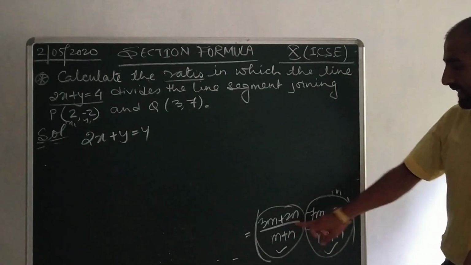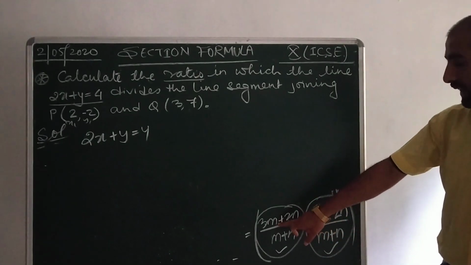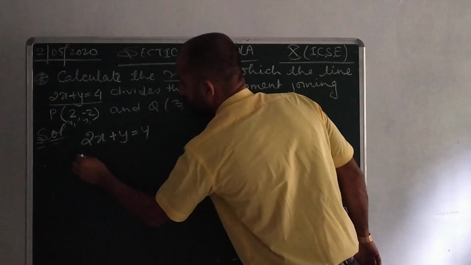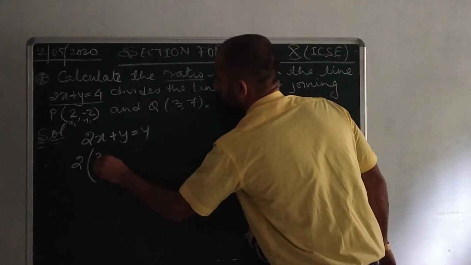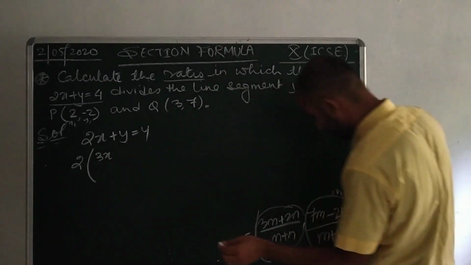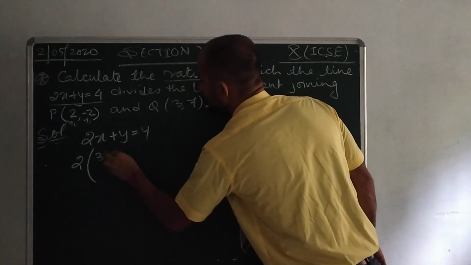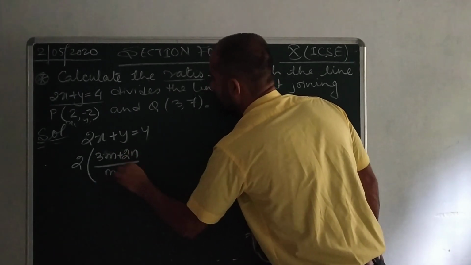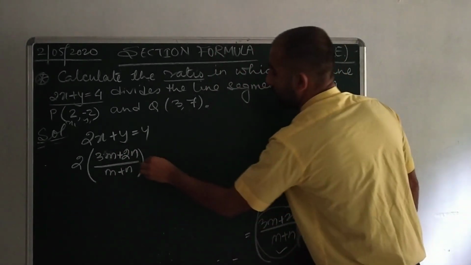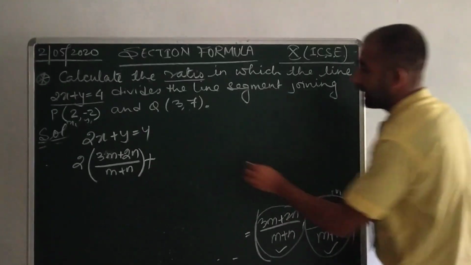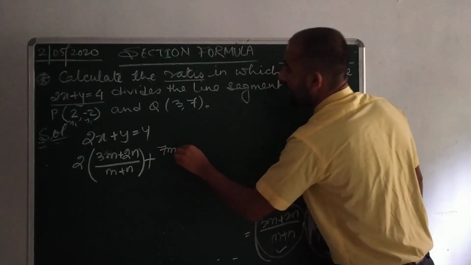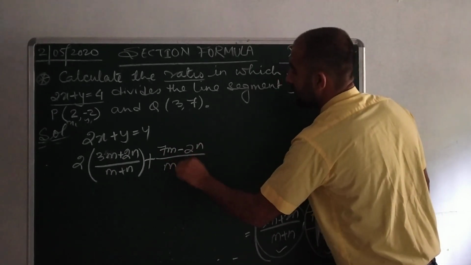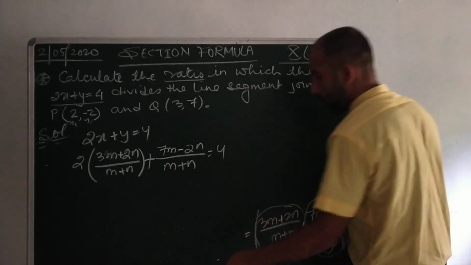Let's put the value of x and y out there. So x, what we have? (3m plus 2n) by m plus n, that means 2 times (3m plus 2n) by m plus n, plus y we have (7m minus 2n) by m plus n equals 4.